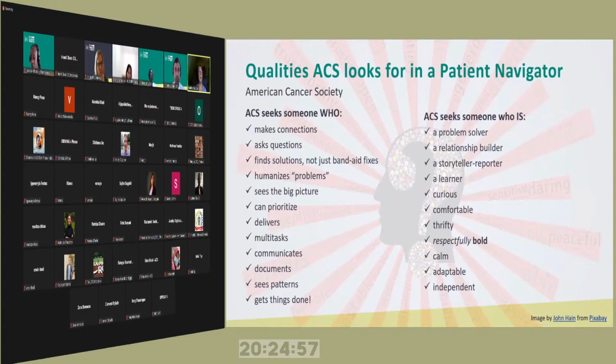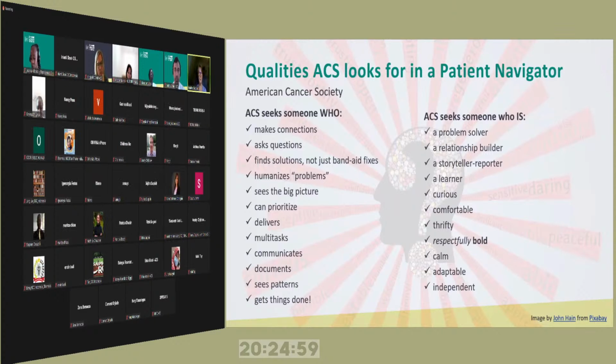And the best navigators in my experience were the ones that were problem solvers, that they could see connections between a solution and a challenge, that they could build bridges and make relationships, that they could prioritize and deliver on what they said.